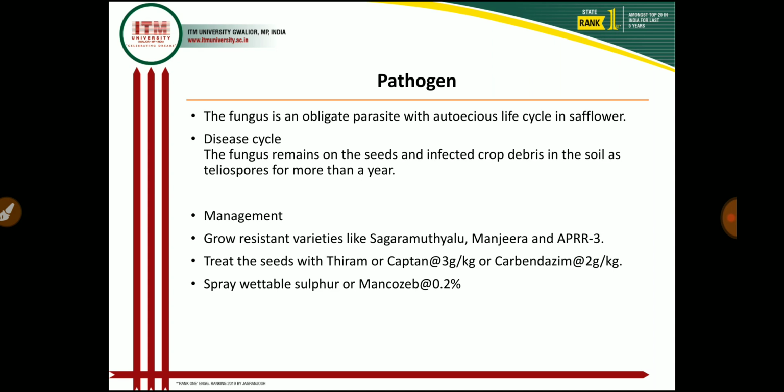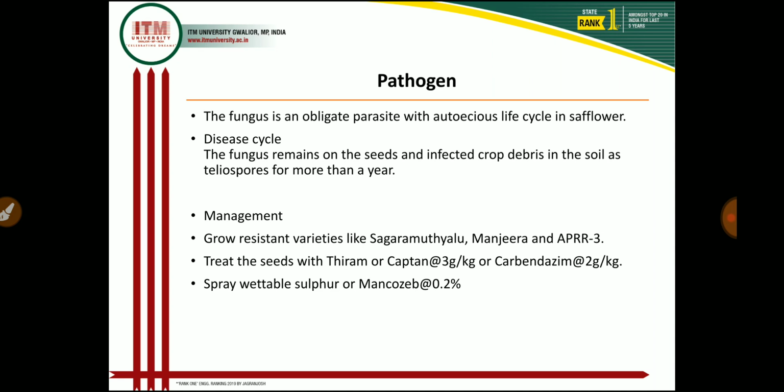Then in the management part, if we grow resistant varieties such as Sagar Mutyalu and Manjira APRR3, these are the resistant varieties against safflower rust. And if we give seed treatment with Thiram or Captan at the rate of 3 gram per kg or carbendazim at the rate of 2 gram per kg, then we control the disease.